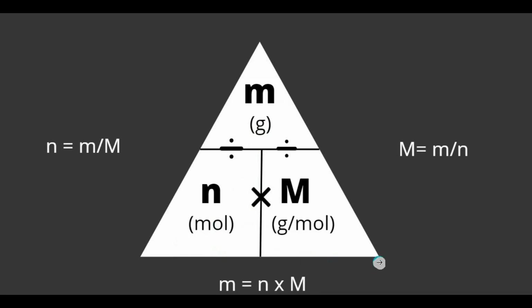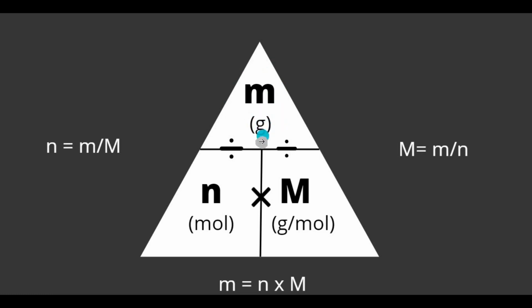So there are certain equations that we can use to calculate the number of moles, the mass, and something that we call the molar mass, right? So n here means the number of moles, and it's measured in mol. Capital M is called the molar mass, and it's measured in grams per mole. Then we also have small letter m, which is the mass of your substance.